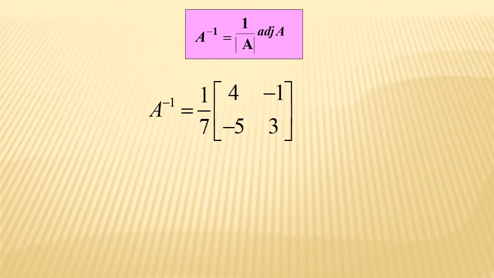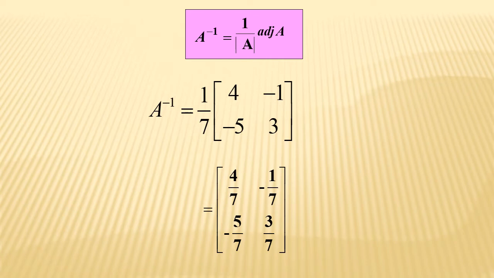This is the formula of A inverse, which is 1 over determinant of A times adjoint A. Substitute the value of the determinant and the adjoint of A. The final answer must be in terms of matrices only, so we have to multiply the constant with each element. The answer will be [4/7, -1/7; -5/7, 3/7]. So this is the A inverse.